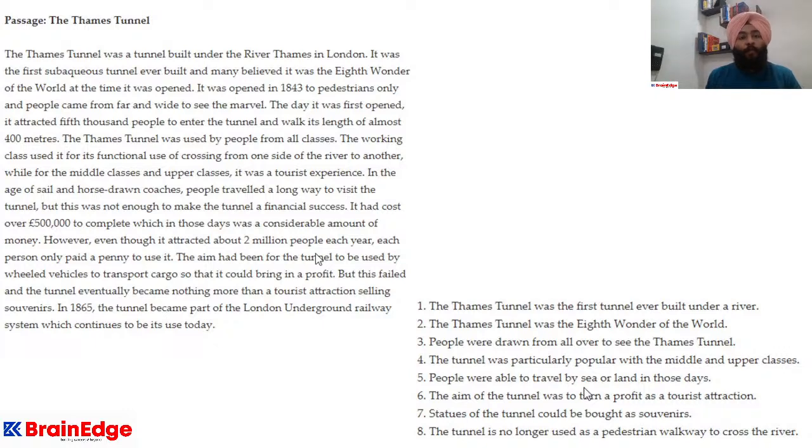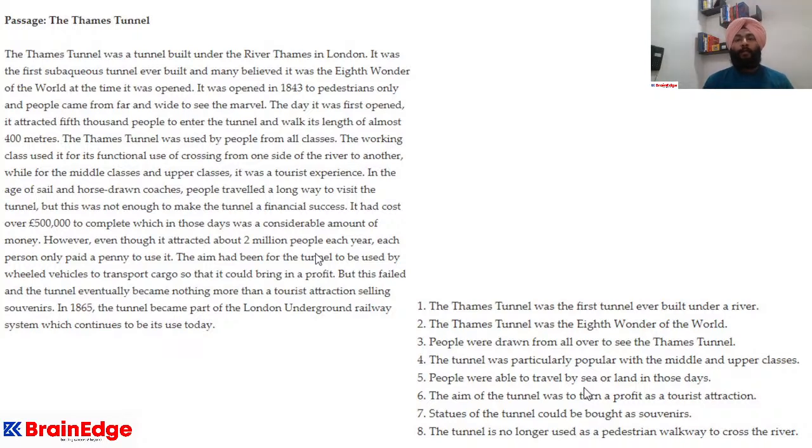The Thames Tunnel was a tunnel built under the river Thames in London. It was the first subaqueous tunnel ever built, and many believed it was the eighth wonder of the world. At the time it was opened, it was the first tunnel ever built, first subaqueous.